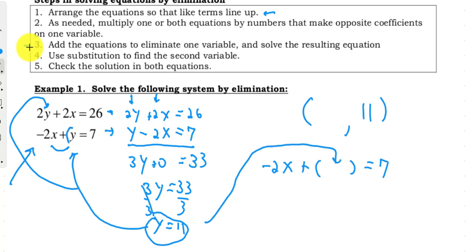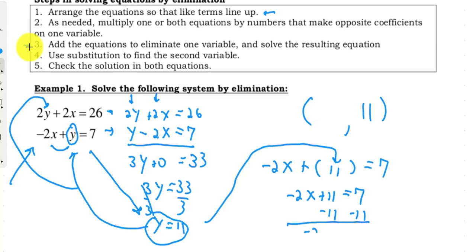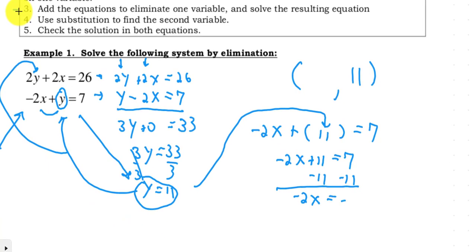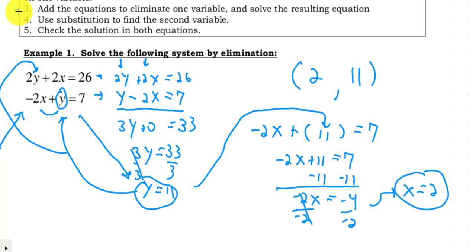Because y is equal to 11. So I'm left with negative 2x plus 11 equals 7. I subtract 11 from both sides. I get minus 2x equals negative 4. Divide both sides by negative 2. And you're left with x equals 2. All right, so the ordered pair is 2, 11.